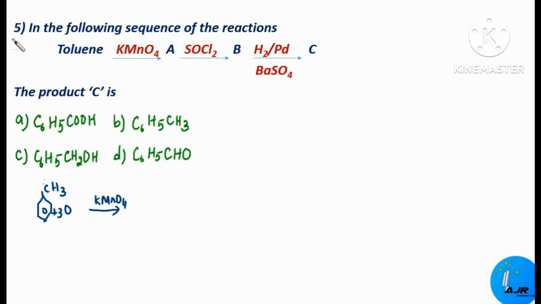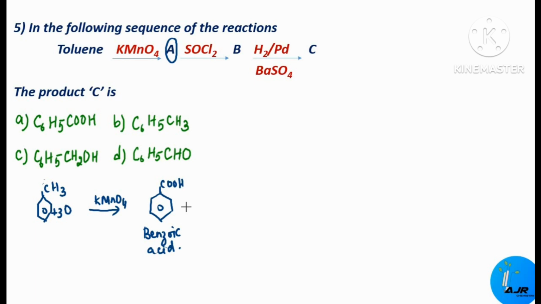So the CH3 group gets converted to COOH group. What is this? This is benzoic acid. So we have found out A. A is nothing but benzoic acid.